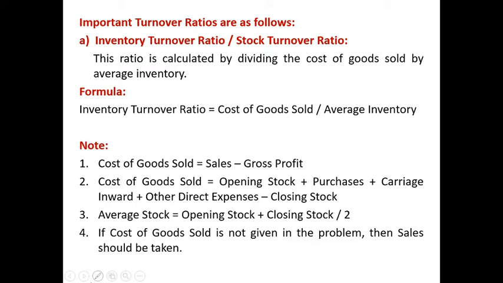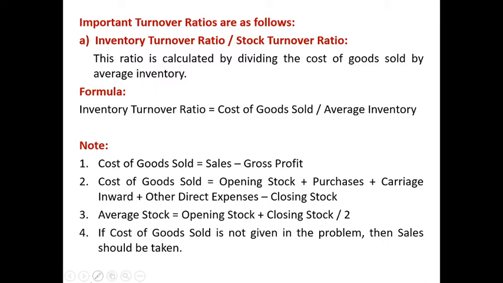The important thing you should remember while calculating inventory turnover ratio is how to calculate cost of goods sold. The formula for cost of goods sold is sales minus gross profit. One more formula for calculating cost of goods sold is opening stock plus purchases plus carriage inward plus other direct expenses minus closing stock.